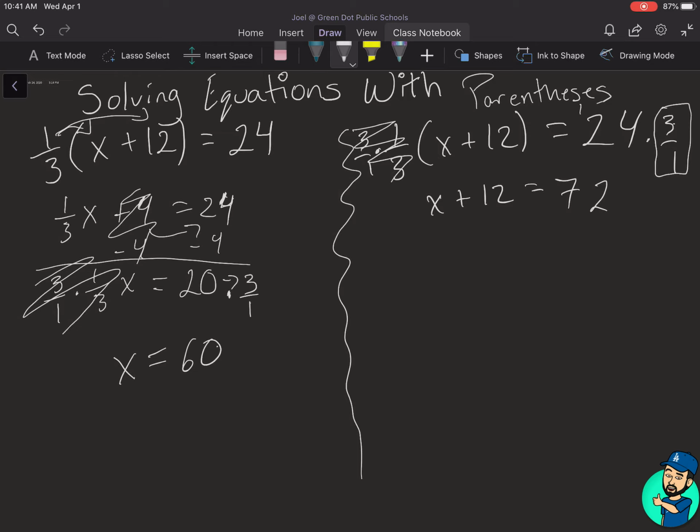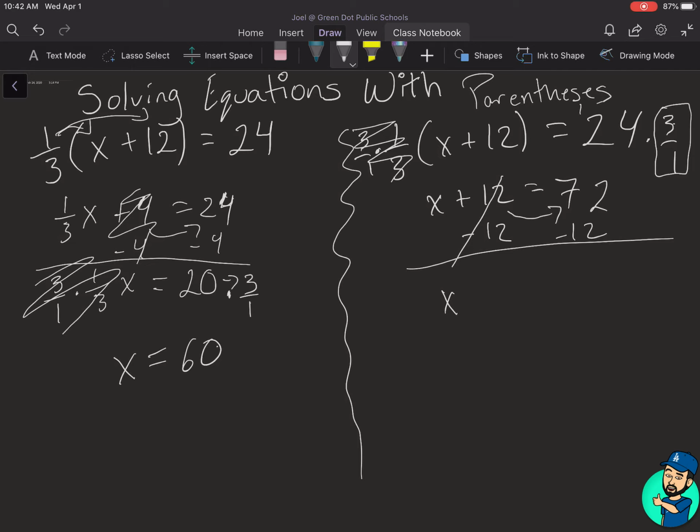Now, just like solving one-step equations, you need to leave x by itself. So you've got to move this positive 12 to the other side of the equal sign, and you need to apply the inverse operation. What is the opposite of positive 12, or adding 12? Subtracting 12, or negative 12. So I'm going to put minus 12 at the bottom there. 12 minus 12 is 0.